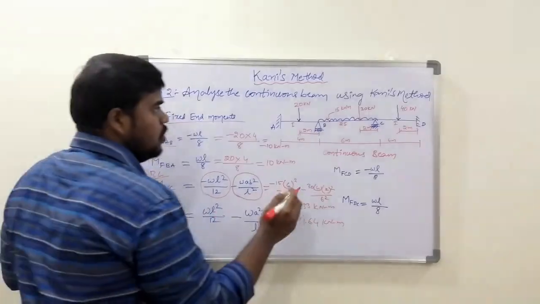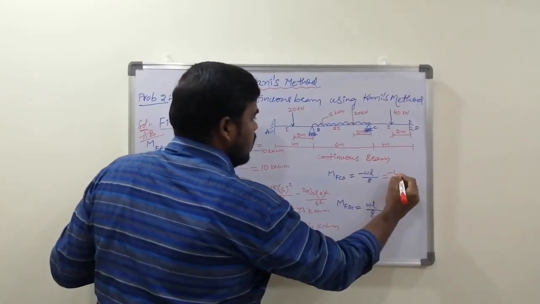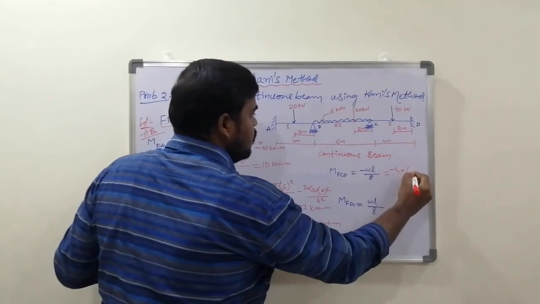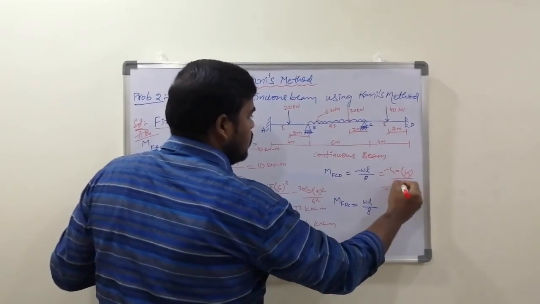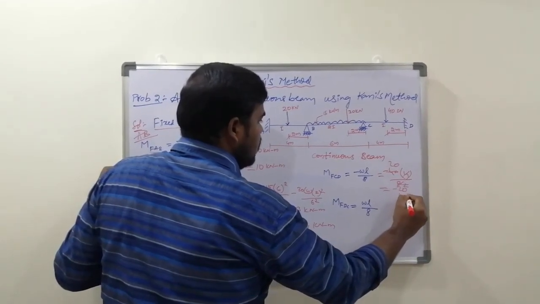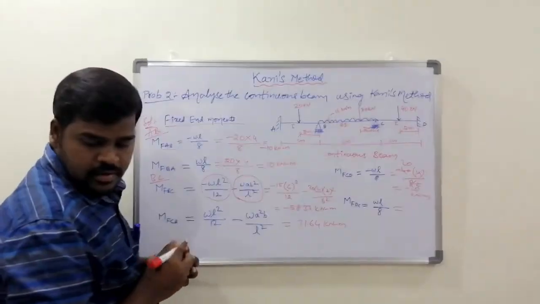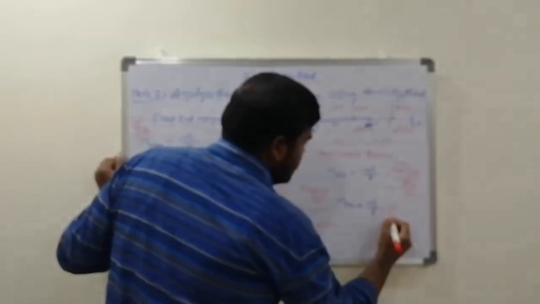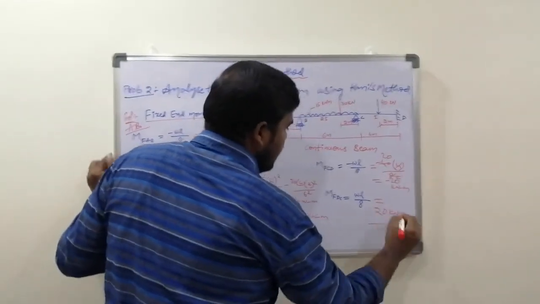Minus W is nothing but 40 and length is taken as 4 by 8, that is minus 20 kilonewton meter, and this is also, after solving, we will get as plus 20 kilonewton meter.